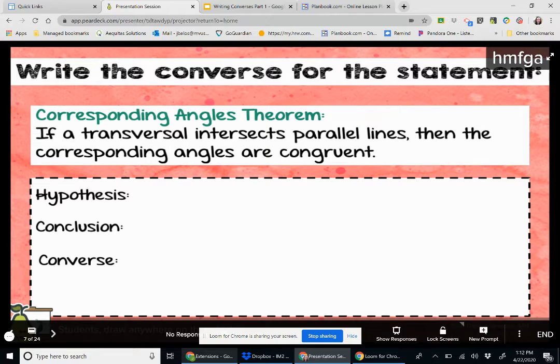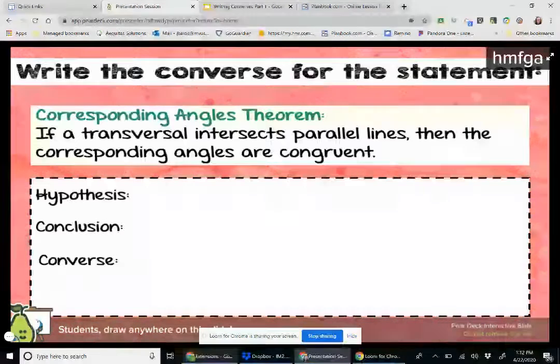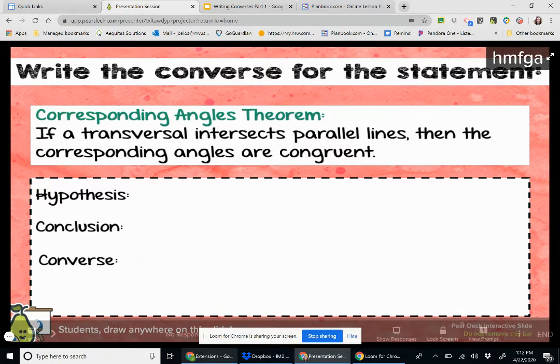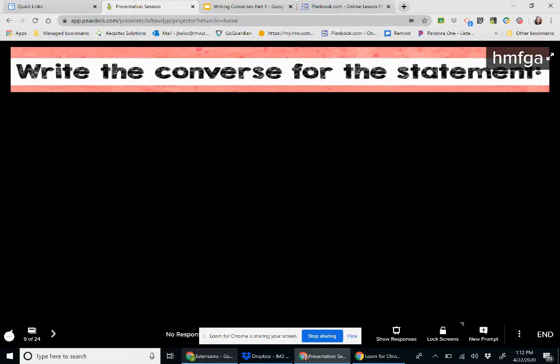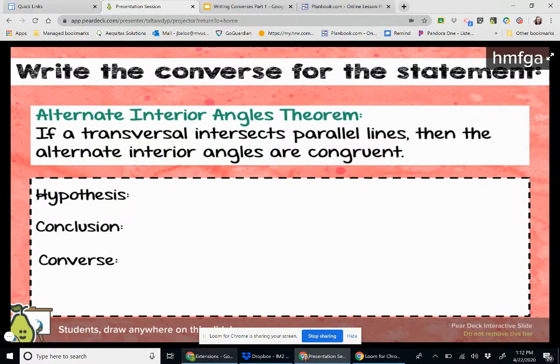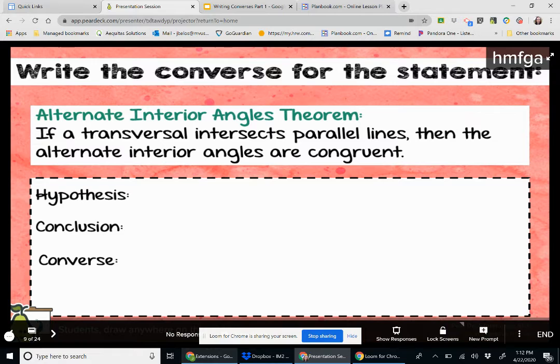The corresponding angles theorem says, if the corresponding angles are congruent, then the two lines are parallel. The converse of the alternate interior angles theorem is, if the alternate interior angles are congruent, then the lines are parallel.